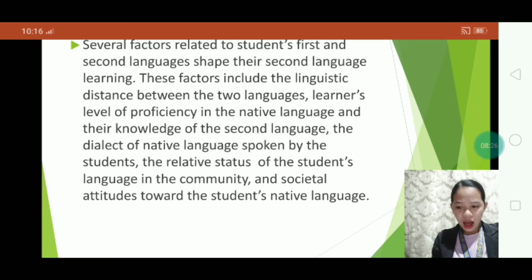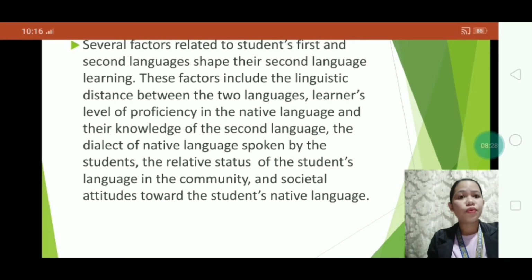Now, I will give an example of this using myself. I can speak three languages, specifically English, Bisaya, my native language, and Filipino, one of the national languages here in the Philippines.